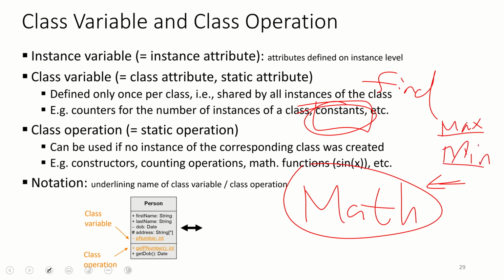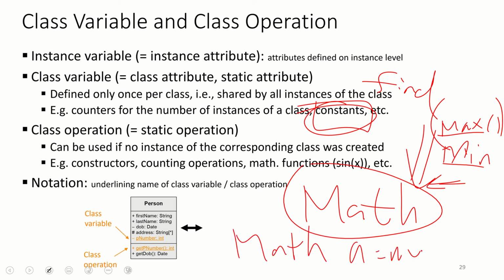This method won't change based on the object, right? It only belongs to the Math class, which means we use the Math.max method to return the value we want. You don't have to create an object, for example an object of Math, right?